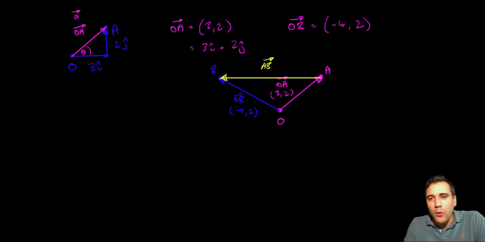And so you know what OA is, you know what OB is, but this one isn't connected to the origin. It's from this point A to this point B. So that's interesting. How do we get that? Well, how I like to do it is I just go, how did I get from the origin to B?